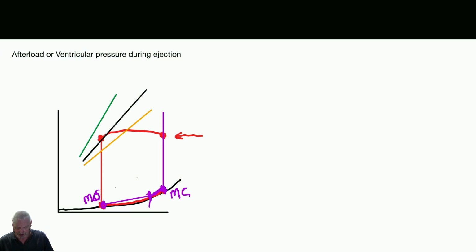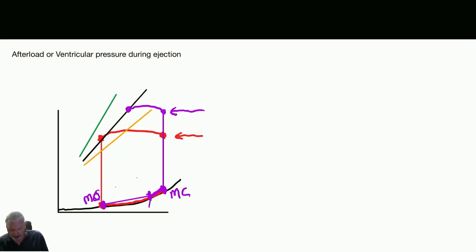But we said, let's imagine that we have a higher aortic pressure than we did before. And so now what happens is the ventricle has to contract to a higher pressure to push the aortic valve open because now there's a higher initial afterload. We eject until we hit the end systolic pressure volume line.